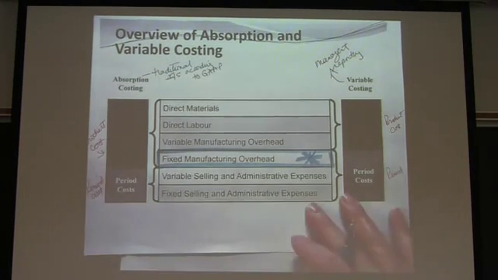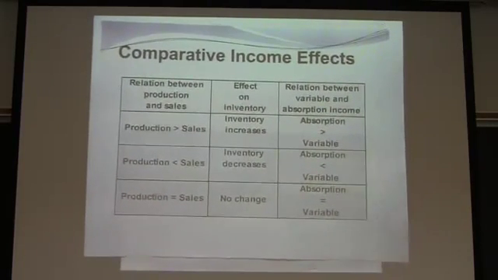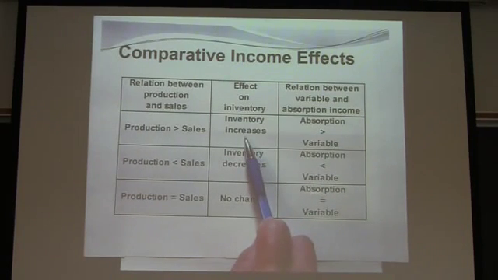Now, what's the effect by using these two different ways of recording income? Well, it depends, right? So I've got a chart here that says here are the comparative income effects based on the two methods, and we're going to need to know that when we take a look at this question. So if we produce more than we sell, in that case we end up with ending inventory, then our inventory will increase.